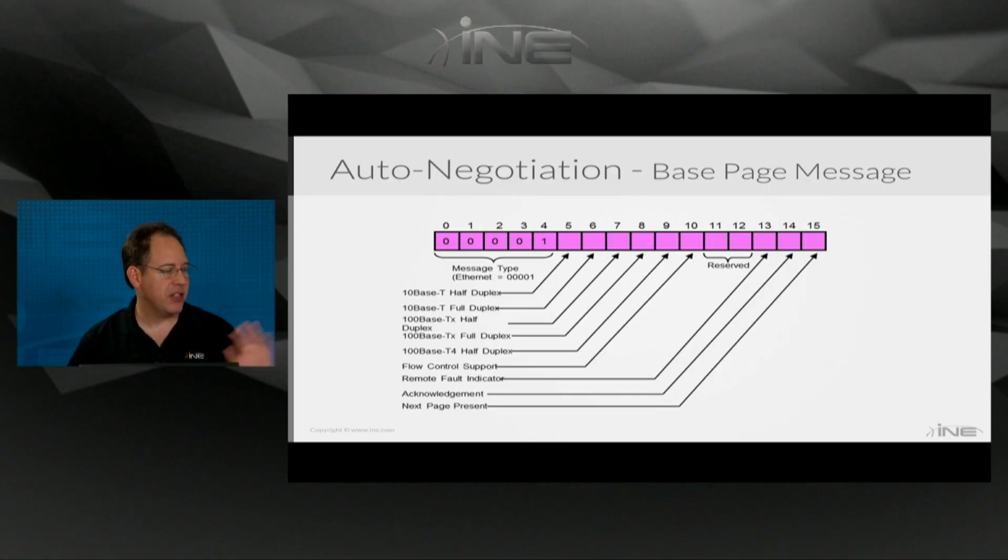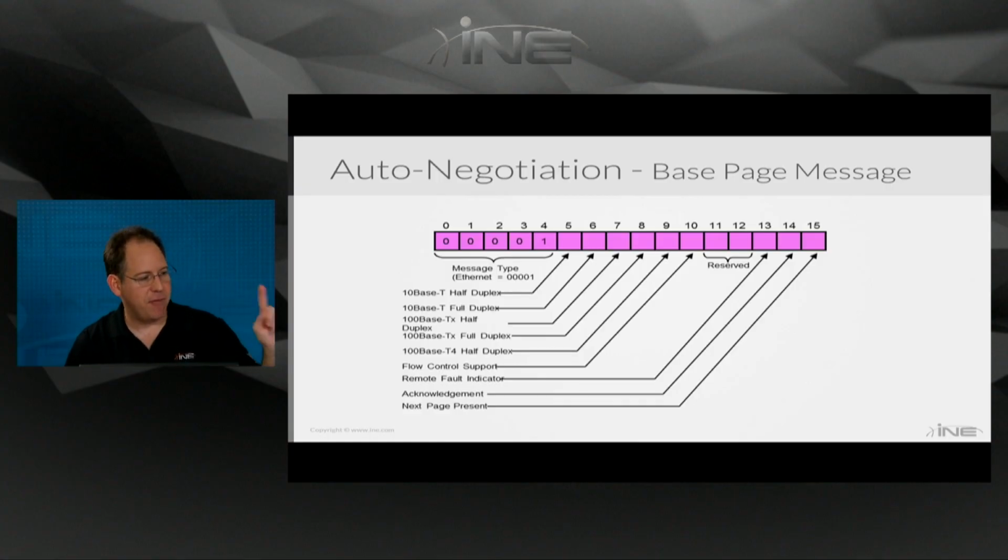You can see here's an example of the 16 bits, where the first 5 bits are reserved, 00001, and then the remaining spaces can indicate what kind of speed and what kind of duplex you can do. Now this is the original auto negotiation message that was 16 bits long. If you're using a gigabit adapter, it's actually bigger than this.